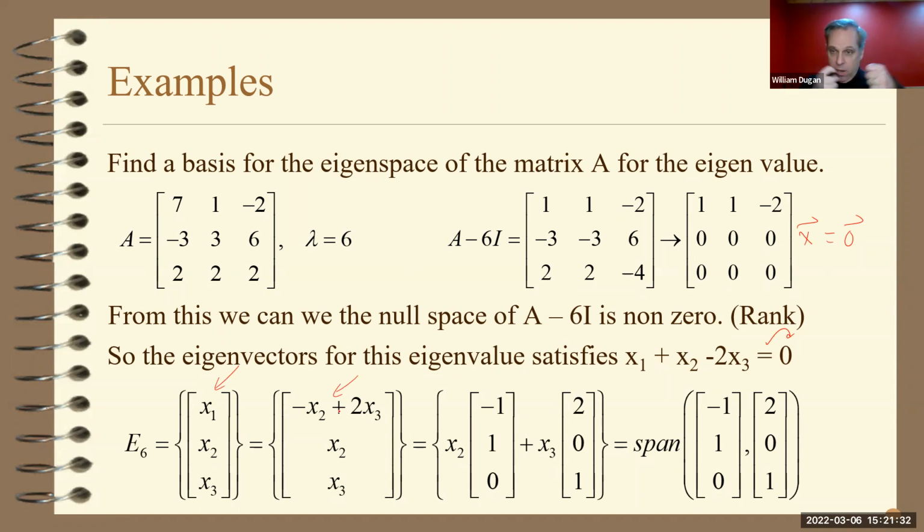Then I can rip that vector apart in terms of the free variables x2 and x3. You'll notice that this is just the set of all linear combinations, a span of 2 vectors. We know a span is certainly a subspace. And from work you saw before, these 2 vectors form a basis for this particular eigenspace E sub 6. It's pretty easy.